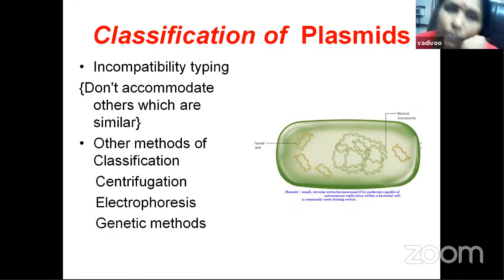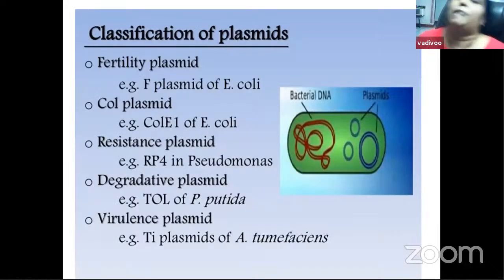And as I have told before, in compatibility typing they can be compatible or incompatible, which means a plasmid doesn't accommodate others which are similar. So it fits only certain types of bacteria and doesn't get into another type of bacteria. They are compatible with certain types of bacterial chromosome and not compatible with certain types. So they are called compatible plasmid and incompatible plasmid.